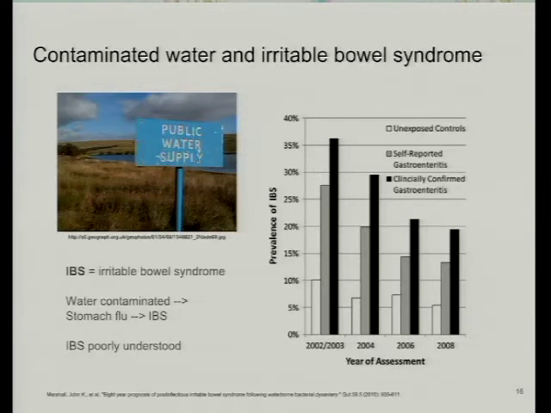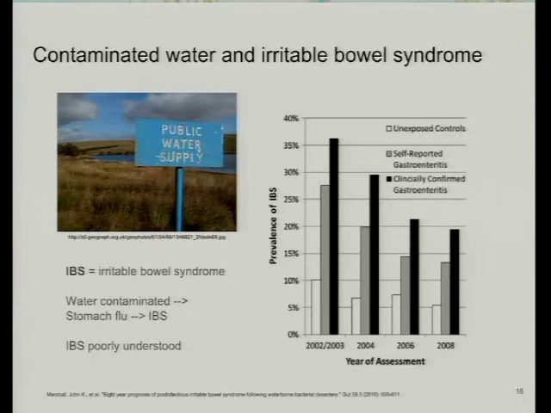Just to show that there is an association between the stomach flu and IBS, here's a plot showing the individuals who either self-reported that they had the stomach flu or were clinically diagnosed, in the darker bars. And then you have unexposed controls from the contaminated water in the white bars down here. As you can see, having the stomach flu increases your prevalence of IBS.